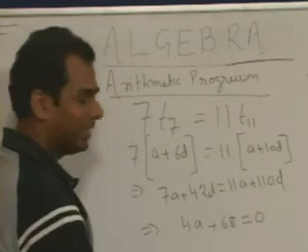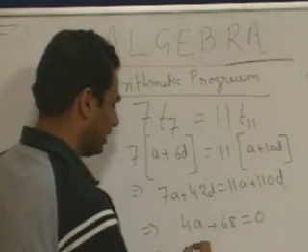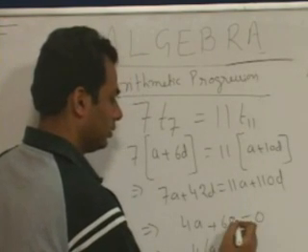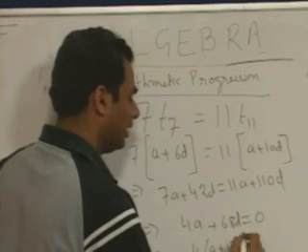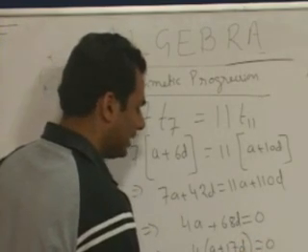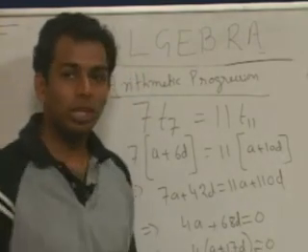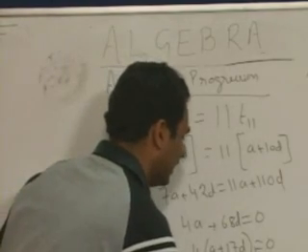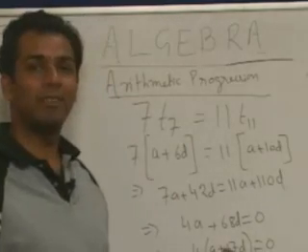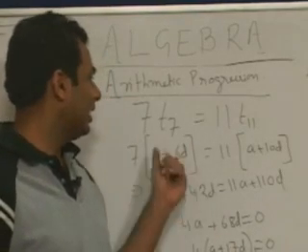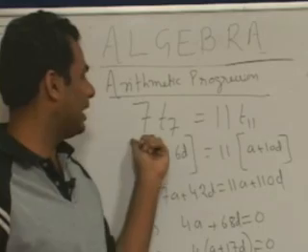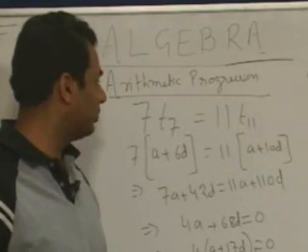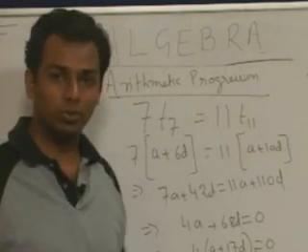Now 4A plus 68D is equal to 0, which means 4 into (A plus 17D) equal to 0. Now which means A plus 17D equal to 0. A plus 17D equal to 0 means that is nothing but T18, the 18th term, because the 18th term will be A plus 17D. So here we can say that if 7 times the 7th term is equal to 11 times the 11th term, then in that case the 18th term is always equal to 0, which is T18.